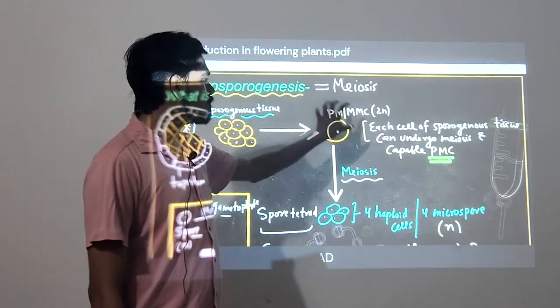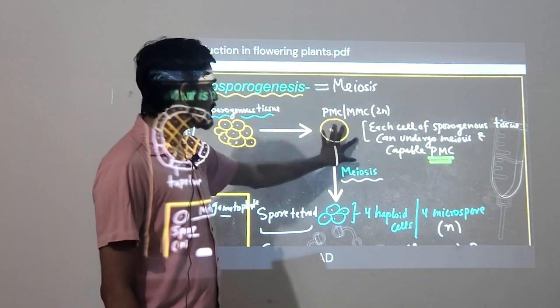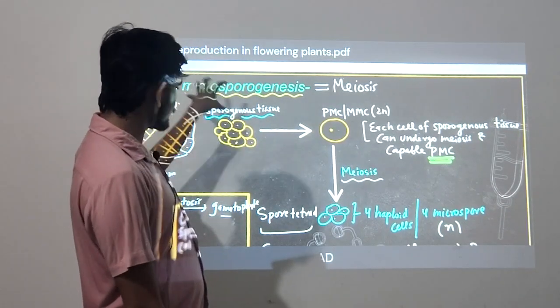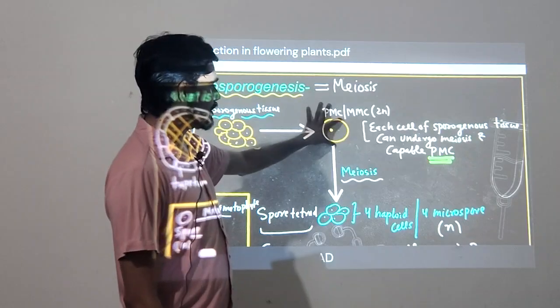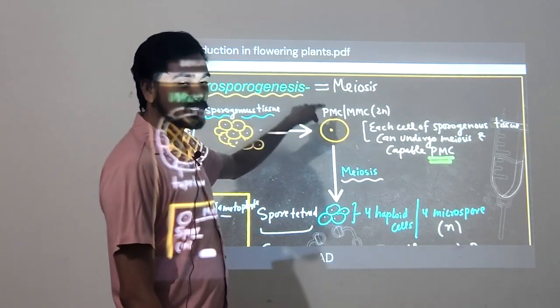So these are known as pollen mother cells, or microspore mother cells. They are diploid, because they are part of the sporogenous tissue. The pollen mother cell which goes into meiosis is also diploid.